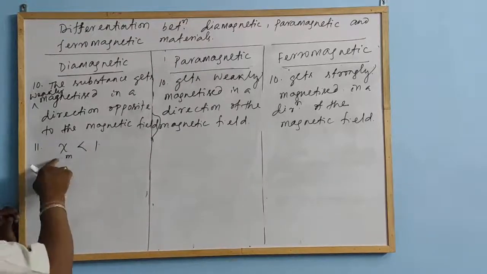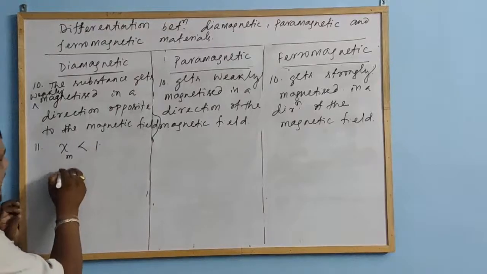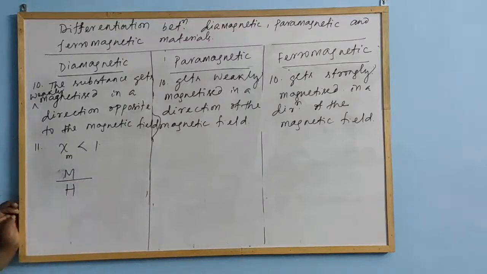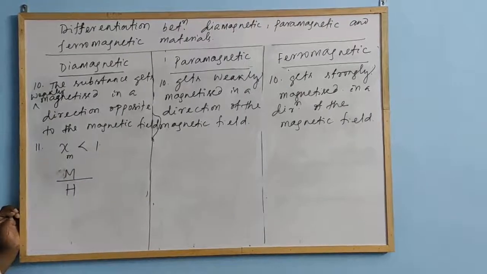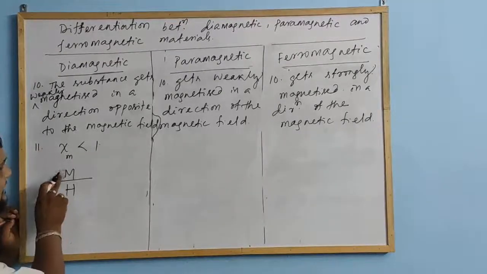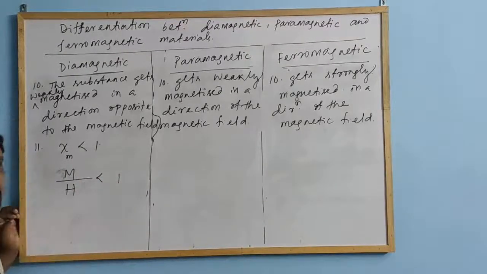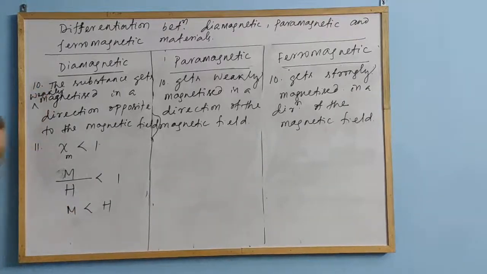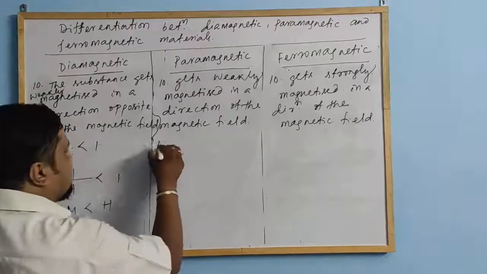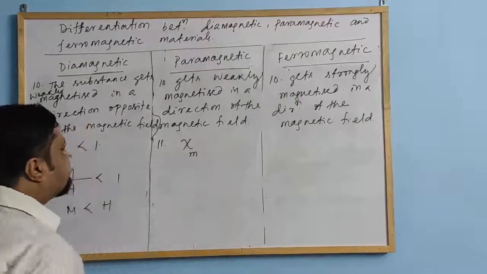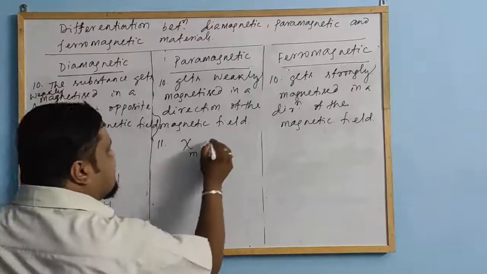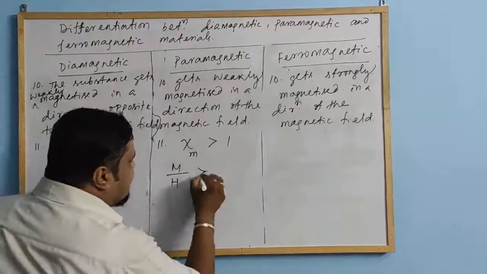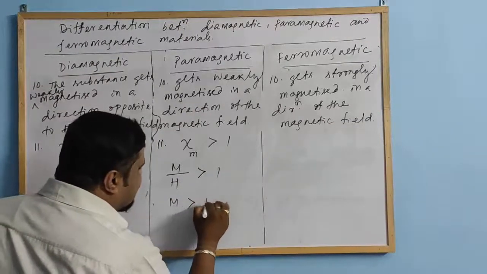You can write the magnetic susceptibility as I by H, magnetization by intensity of magnetizing field. So that is also less than 1. So M is less than H for diamagnetic materials. Here the magnetic susceptibility is greater than 1, or I can write M by H is greater than 1, so M is greater than H.